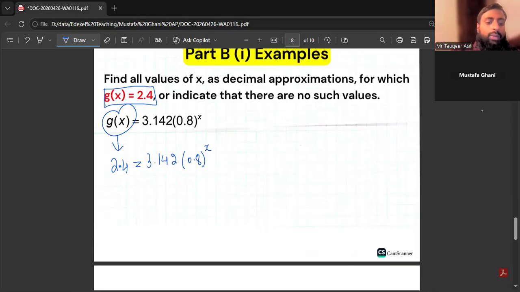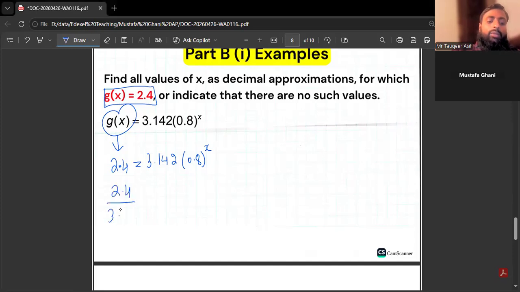So, divide 2.4 by 3.142. What will you get? 0.8 to the power x. What will you get? I'm doing it right now. So 2.4 divided by 3.142.